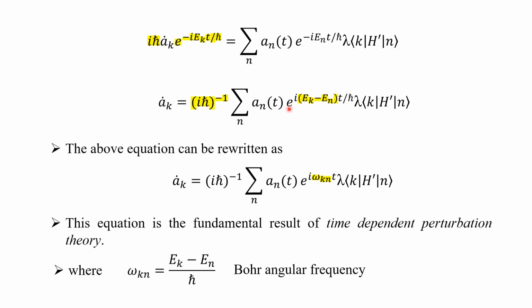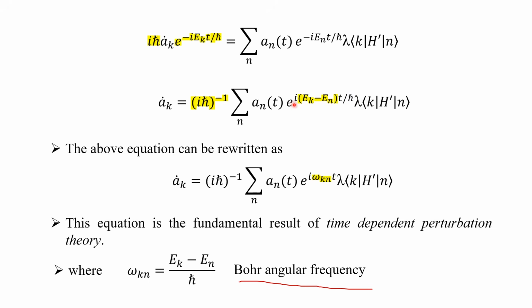Here this exponent term is e power i (Ek minus En) over ħ. So (Ek minus En) over ħ can be written as omega kn, where omega kn is the Bohr angular frequency. So this ak dot is equal to i ħ inverse, summation over n, an which is a function of t, multiplied with e power i omega kn t, lambda, and this parameter bra k H prime ket n.